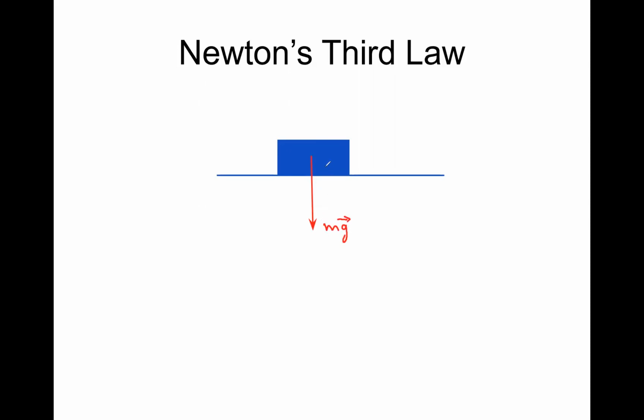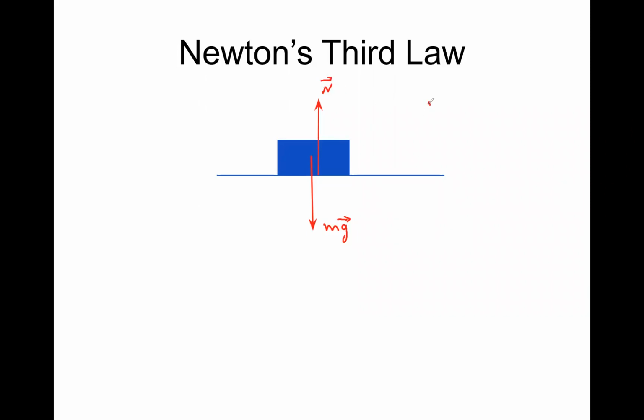This mg is the action of the object on the table. This action will create a reaction from the table on the object. It must be applied from the table on the object in this direction. So here is n.